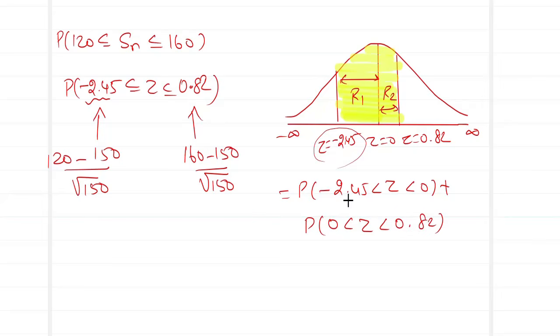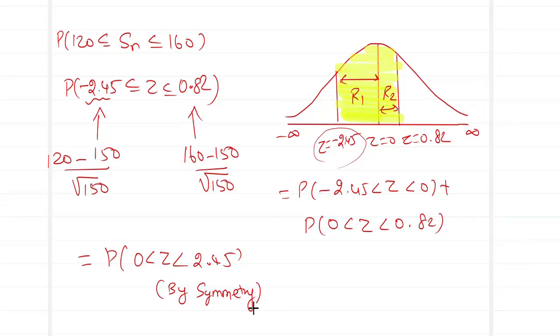Now this portion in the negative part can be rewritten as 0 less than Z less than 2.45. How is this done? This can be done by the nature of the normal distribution chart, which we know is symmetric. Therefore, you flip and take the mirror image of it. So, it is 0 less than Z less than 2.45. And the second region is as such 0 less than Z less than 0.82.